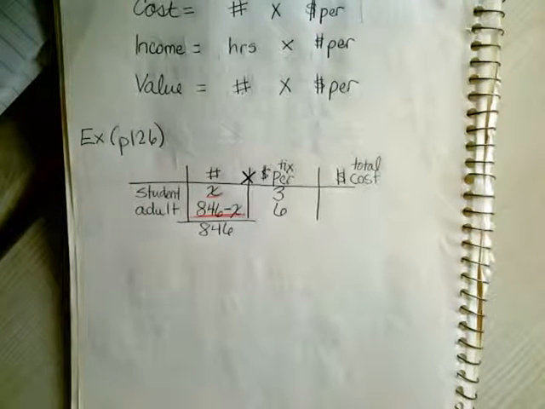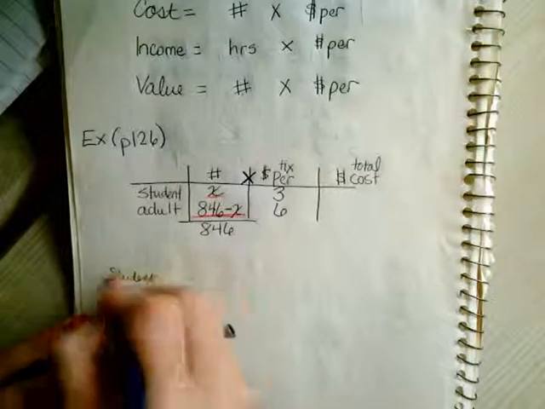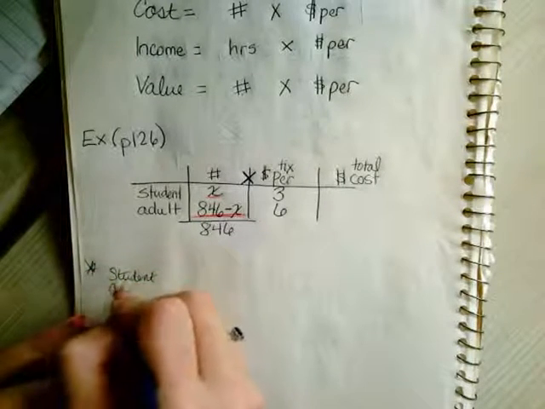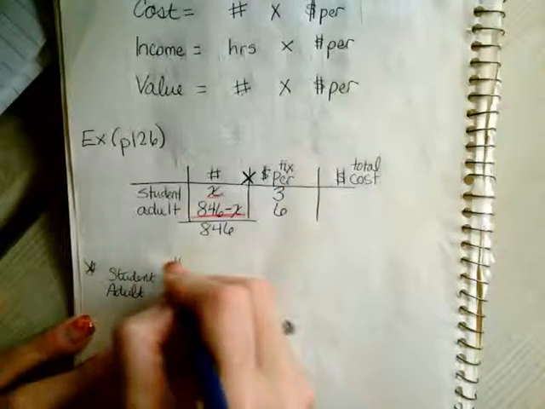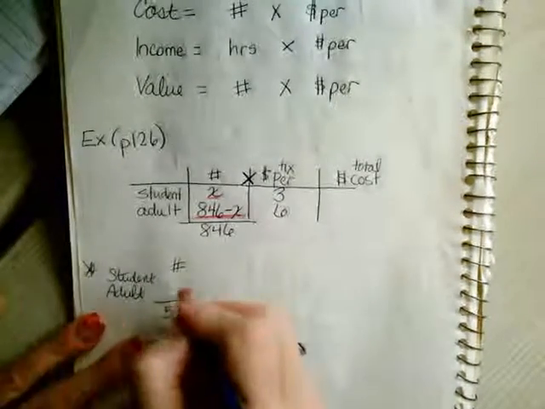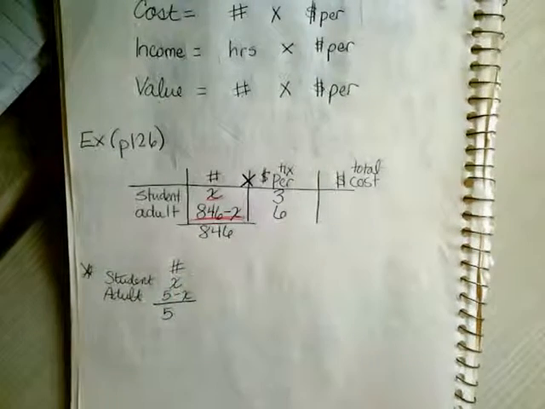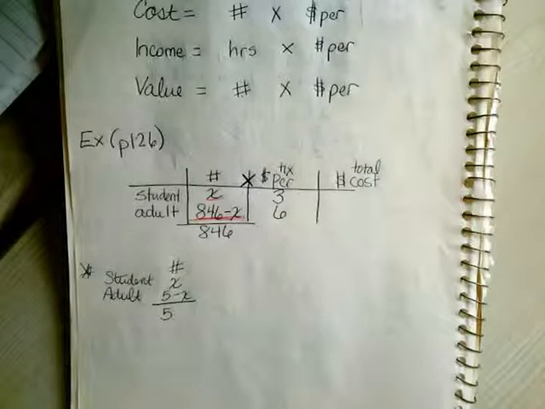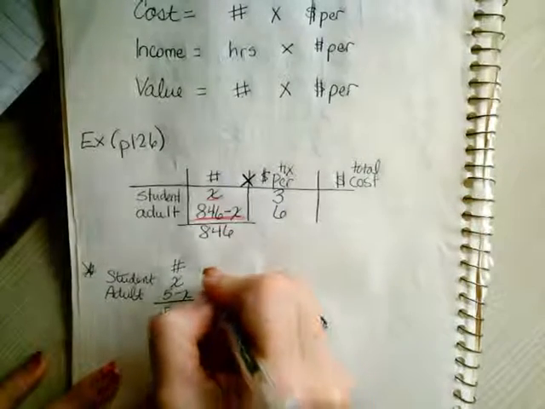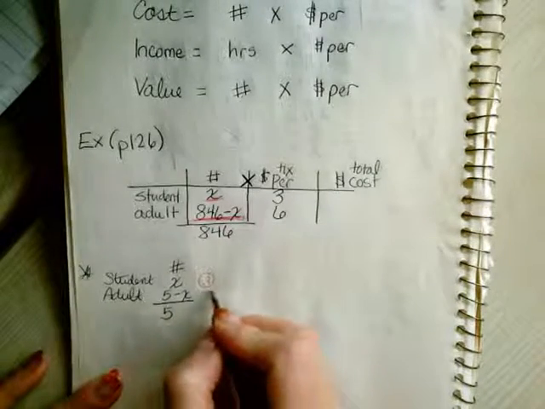Just a sidebar for you really quick. Let's say the student plus the adult count of tickets totaled 5. If I call this one X and I call this one 5 minus X, and I use a number, let's just say the number of student tickets is 3, then 5 minus 3 is 2.